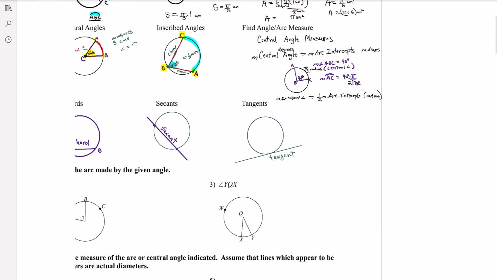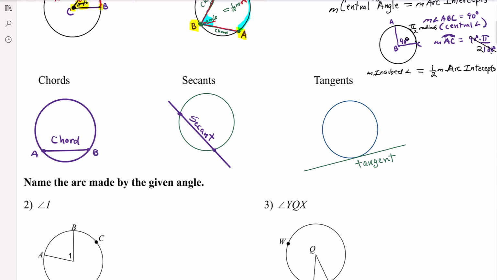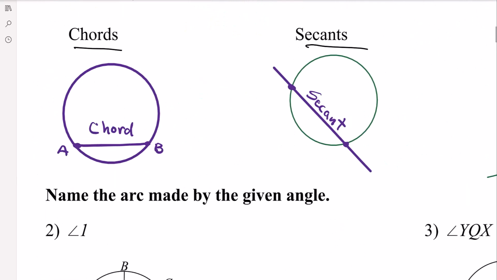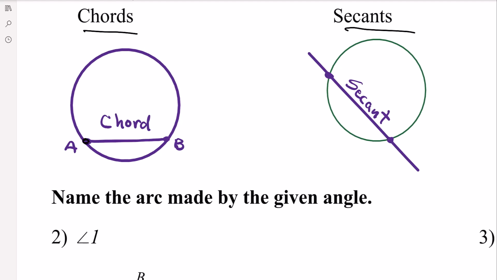All right, now we're going to come down here to distinguish between chords, secants, and tangents. So chords stay within a circle, but their endpoints lie on the circle.